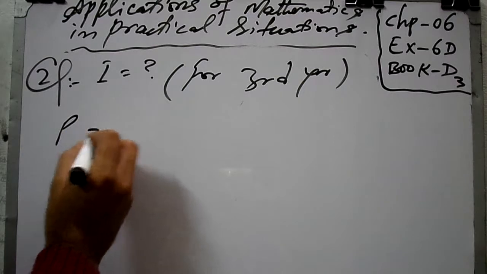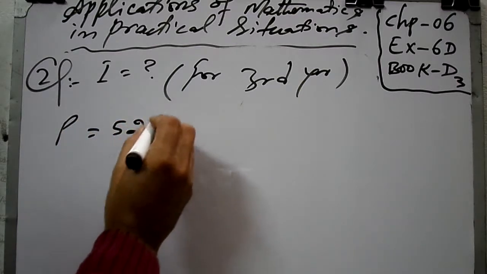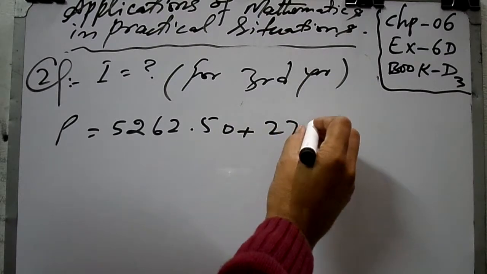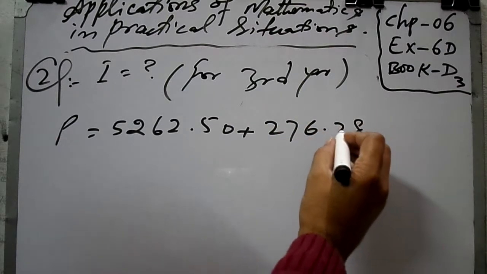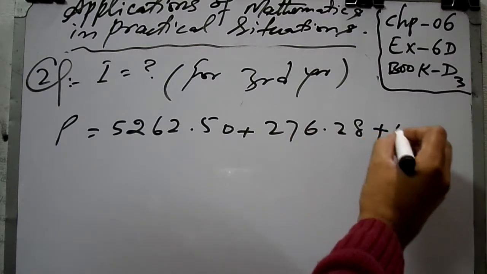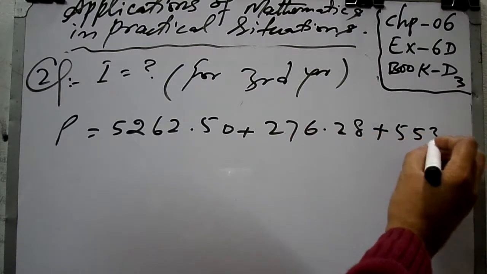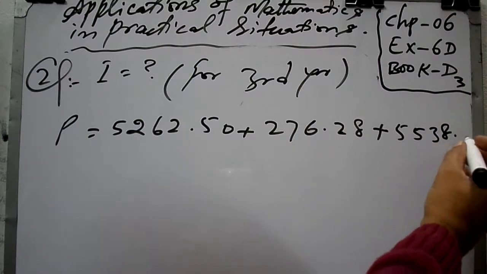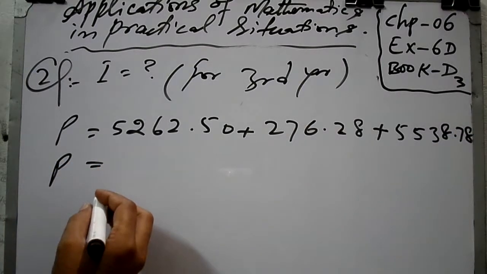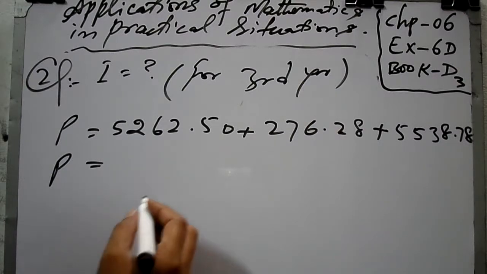So the principal amount now becomes 5,262.50 plus 276.28, which is 5,538.78.